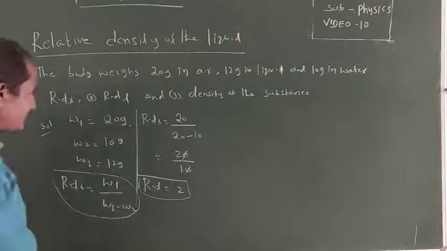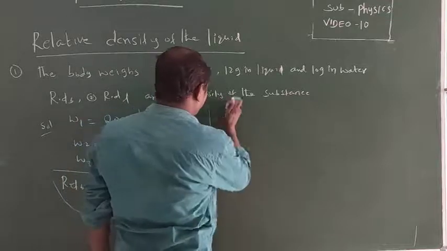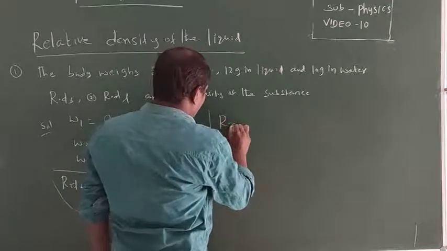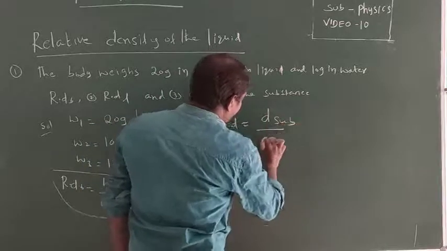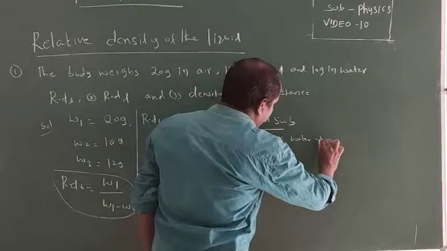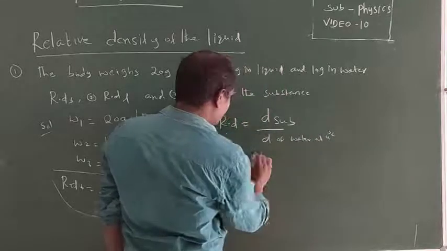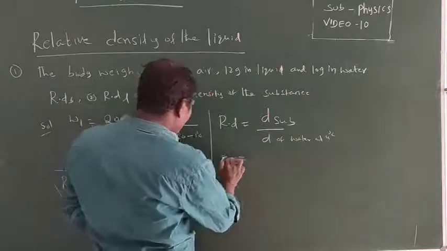Okay, from this we can find the density of the substance. So RD of the body equal to density of the substance by density of water at 4 degrees Celsius. We don't know the density of the substance, RD we got 2.